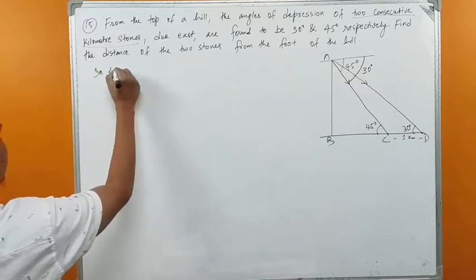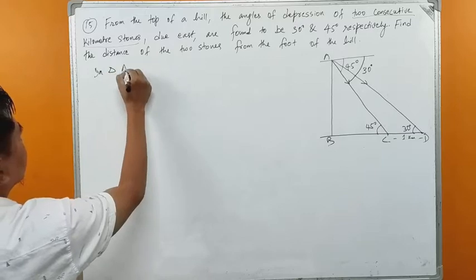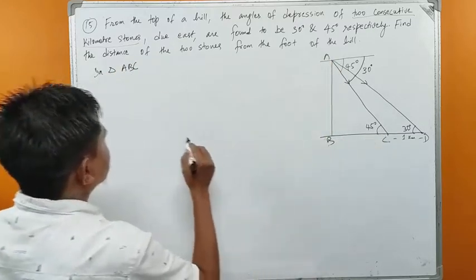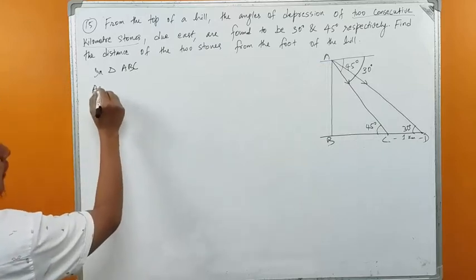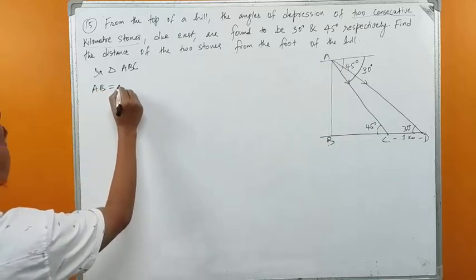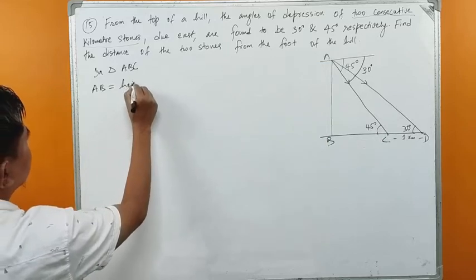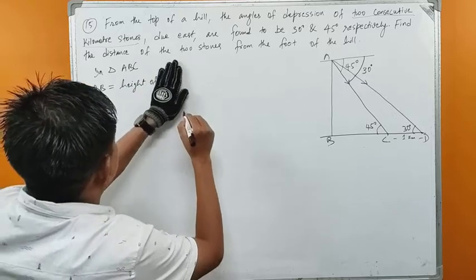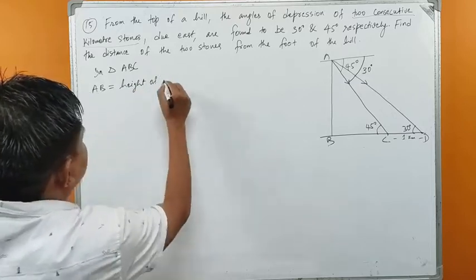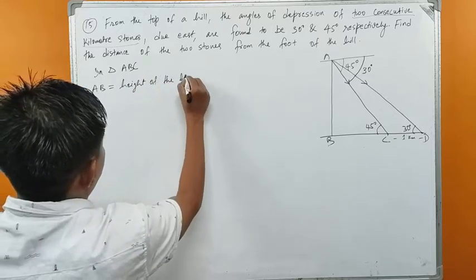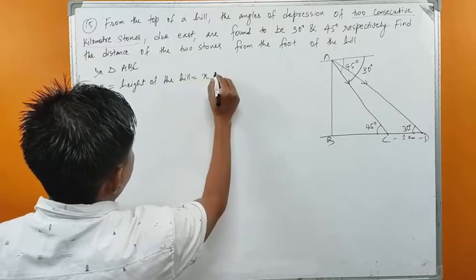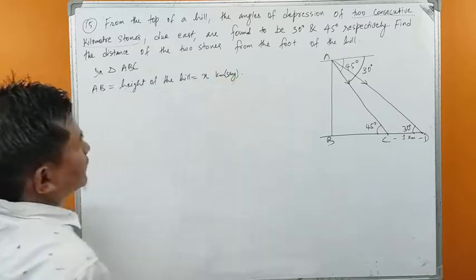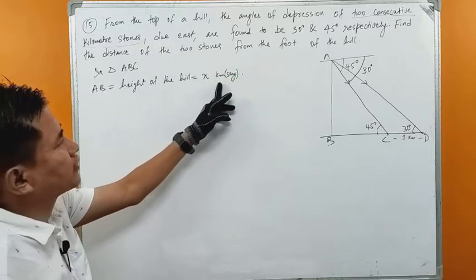In triangle ABC, AB equals to height of the hill, isn't it? Height of the hill equals to x kilometer, say. AB equals to height of the hill equals to x kilometers.